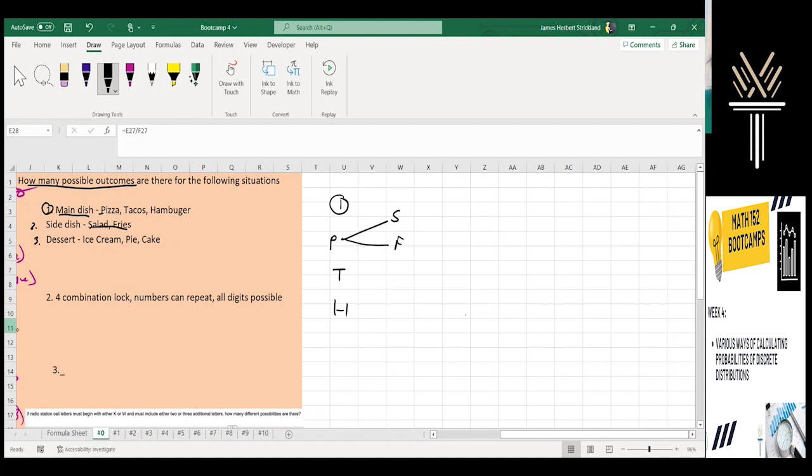And you could pick that regardless of what you made the first time, because you can have pizza and fries, taco and fries, etc. So salad or fries. And then from each of these options, I could choose any of these three choices: ice cream, pie, cake. Ice cream, pie, cake, etc.